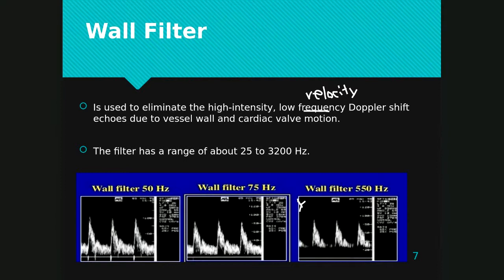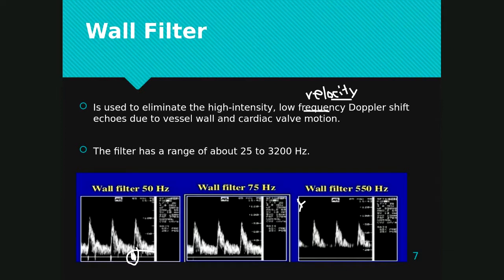Most of the time it's velocity. So when they say it's used to eliminate high intensity, low frequency, or velocity shifts, they're talking about this right here. Little bright things, bright areas, meaning high amplitude. Low velocity, because if you bring that over to the scale of velocities, it's traveling at a very slow speed, usually due to wall motion or noise or something that's not part of the signal, usually.